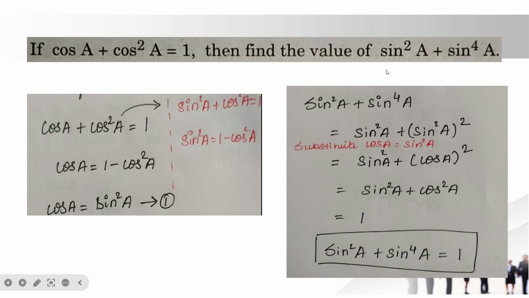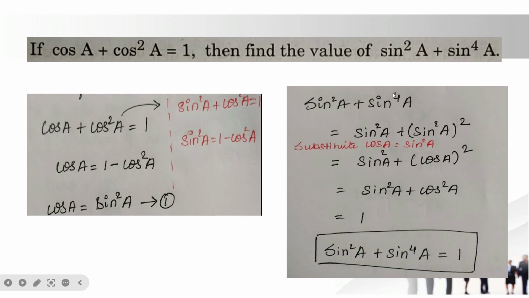Now let's come to the second thing they have given, which is sin square A plus sin power 4A. Mostly we would take sin square A as a common factor, but if you follow this procedure, it will be quite simple. You just keep sin square A as it is.